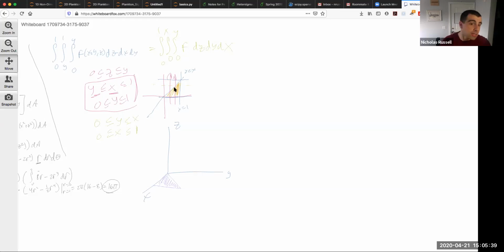Now, I have a couple of other things that are pretty interesting too. I have here that this is now bounded by z equal to 0, which is the xy plane. I'm going up now into my region, and then I leave from z equal to y. Well, what does z equal to y look like? Well, z equal to y is just the plane that goes up in this direction, right?